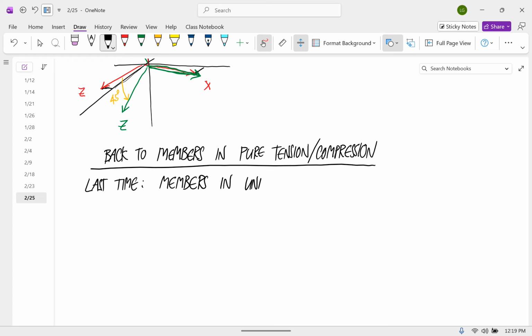So that's just a tension or compression along one axis. And now we're going to talk about pressure vessels.